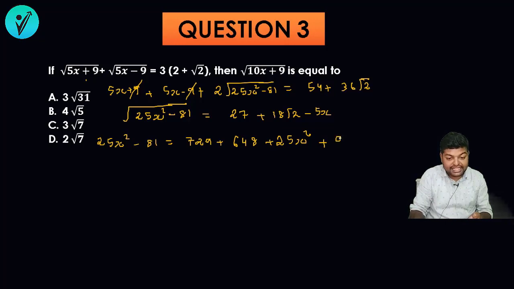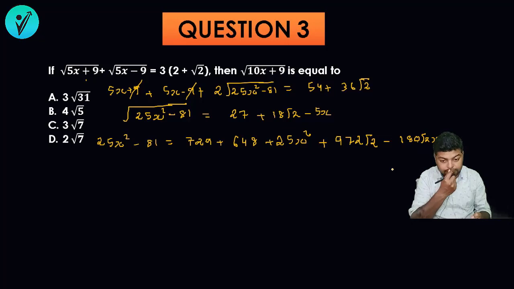So it is 972 root 2. Then we have minus, if you take this, 18 into 2 is 180 root 2 x, plus 27 into 5 is 270x.